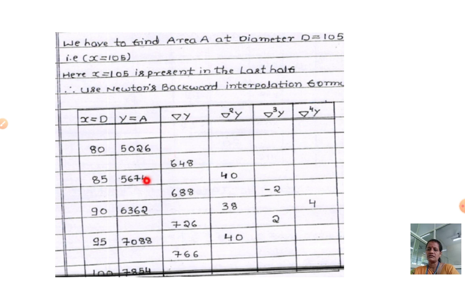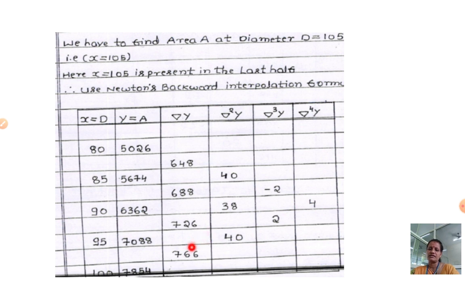That is 5674 minus 5026, that is 648, and 6362 minus 5674 is 688, and 7088 minus 6362 is 726, and again the difference is 7854 minus 7088 is 766.